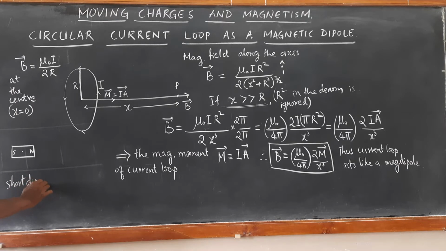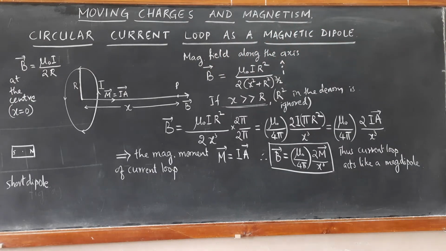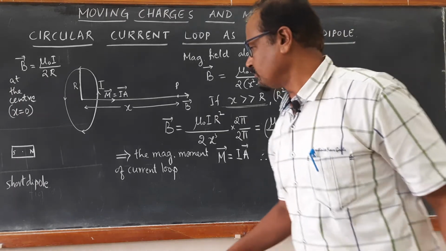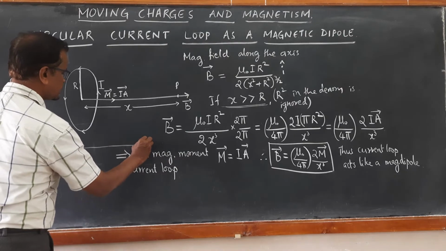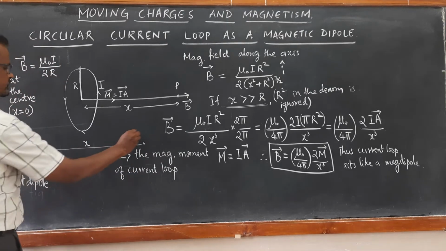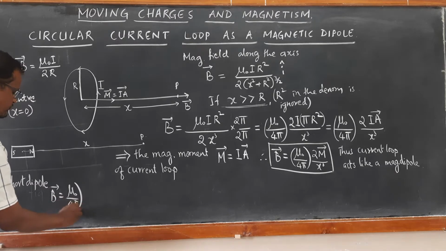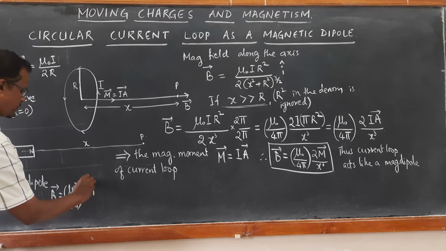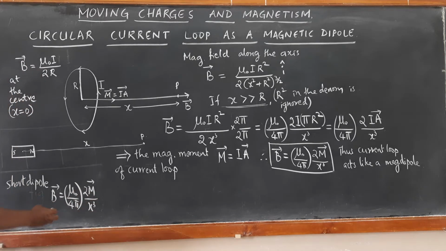We are learning about this later in the forthcoming topic, that is magnetism. So for this dipole, if you find out the magnetic field at a far away distance, let us say x, then we get the magnetic field due to short dipole B is equal to mu naught upon 4 pi into 2m upon x cube, the same equation. So this is the magnetic field due to a short dipole.